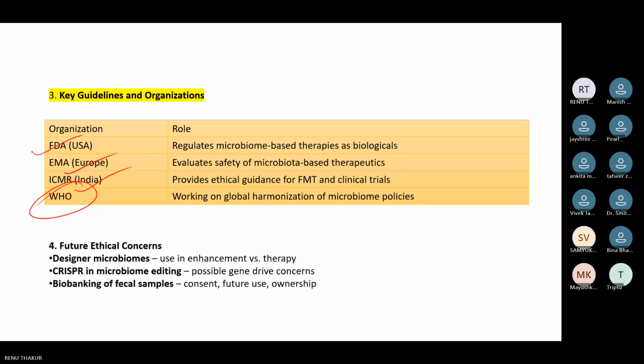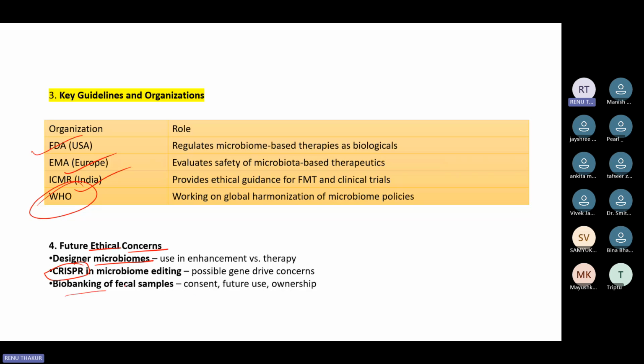So, a future ethical concern will be the designer microbiome. People will always genetically manipulate microorganisms, because obviously the wild type has some sort of restriction. So people will alter it. CRISPR is very much the need of the hour nowadays.